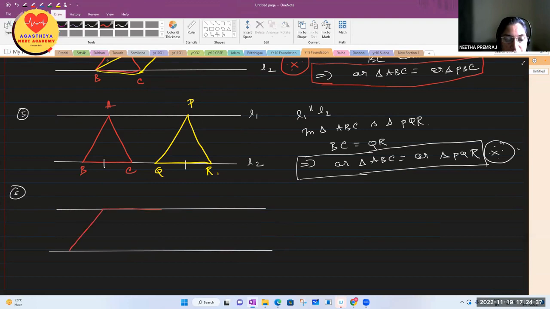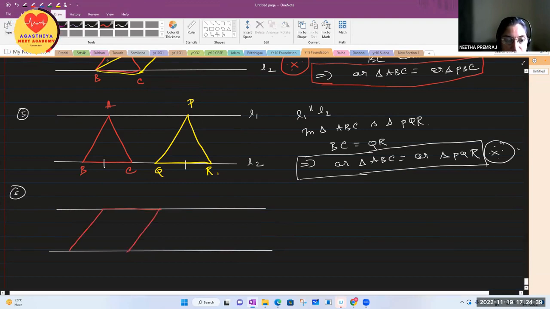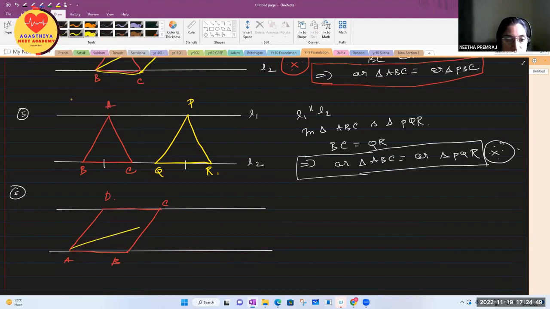There is a parallelogram. ABCD is a parallelogram. There is another parallelogram, ABPQ is another parallelogram.